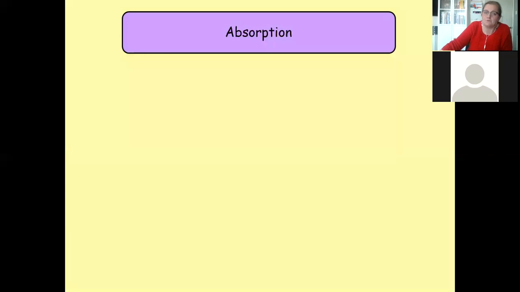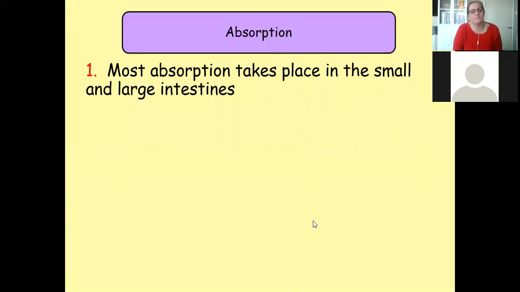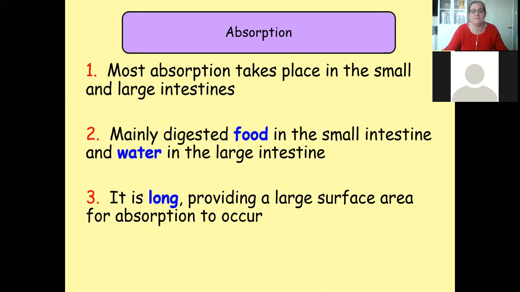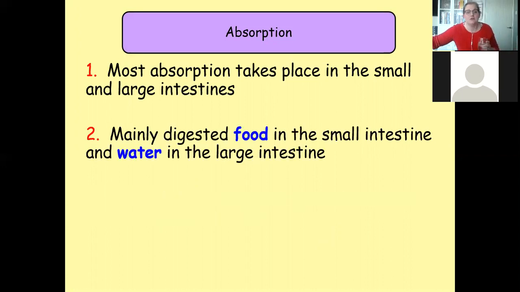So absorption. Most absorption takes place in the small intestine and large intestine, specifically in the small intestine, in the ileum. So mainly digested food in the small intestine and water in the large intestine. And again, it's the word mainly.